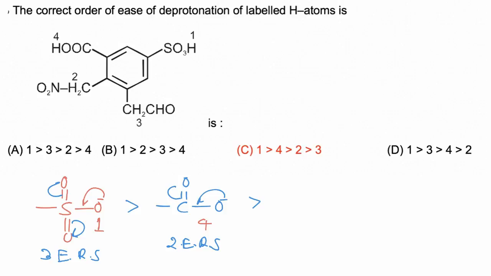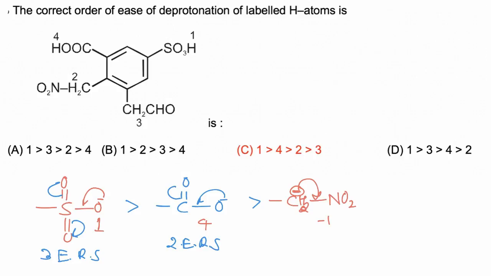Now out of 2 and 3, when hydrogen is deprotonated from the carbon which is attached to the NO2 group, CH negative NO2 is formed. Now this NO2 will stabilize the negative charge.